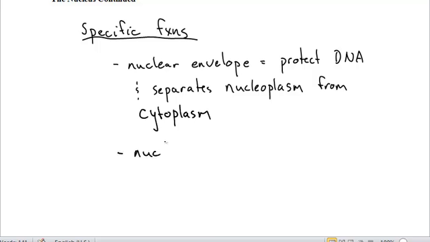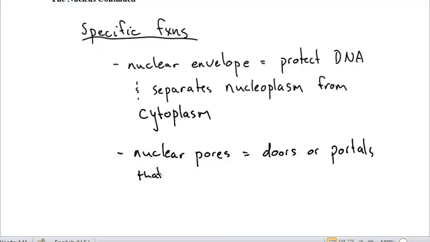The nuclear pores, as we suggested above, function like doors or portals that regulate what enters and exits the nucleus.